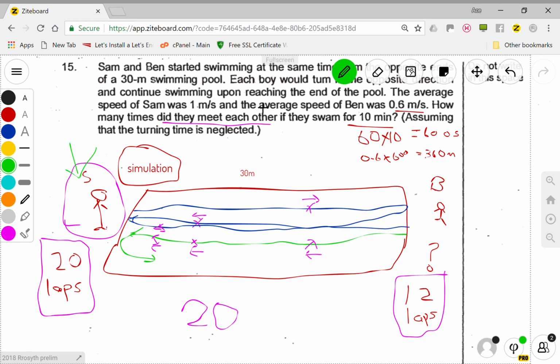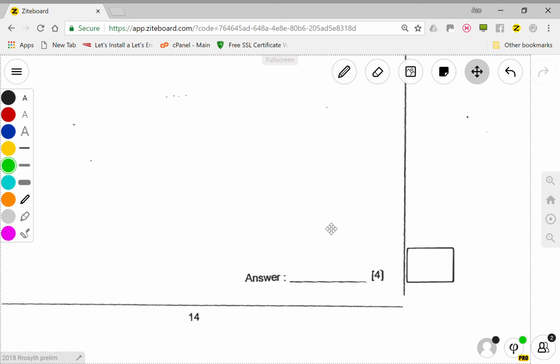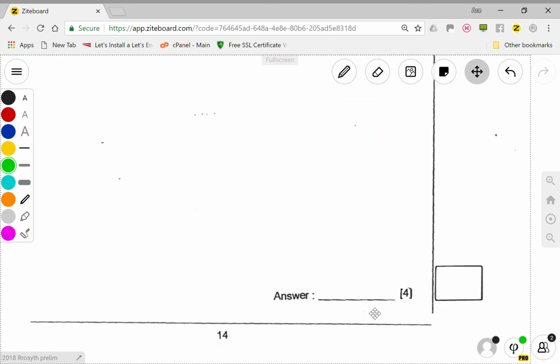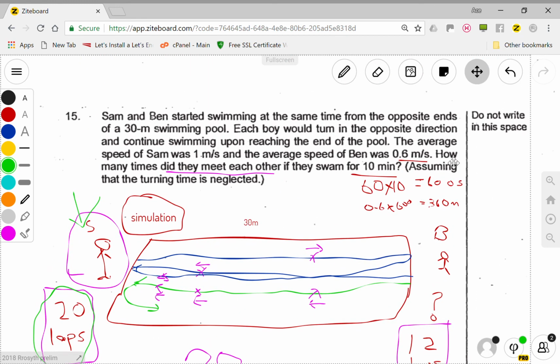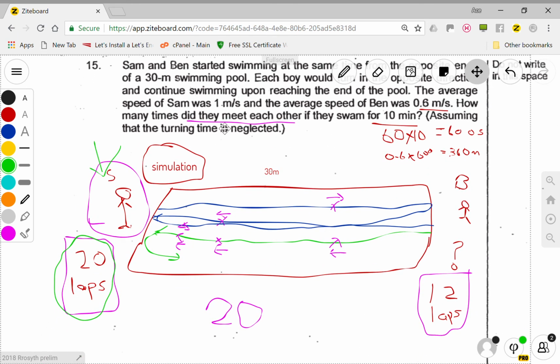It's half speed, because you still need to calculate how many laps this guy did. You still must find out. So let's say if you are able to find out 20 laps as the answer, you probably get maybe 1 mark, 2 marks. But because the final question is how many times did they meet each other if they swam for 10 minutes, this one is the critical thing.